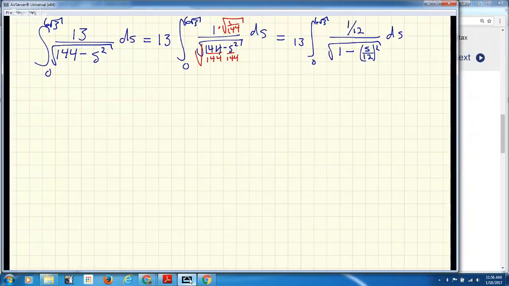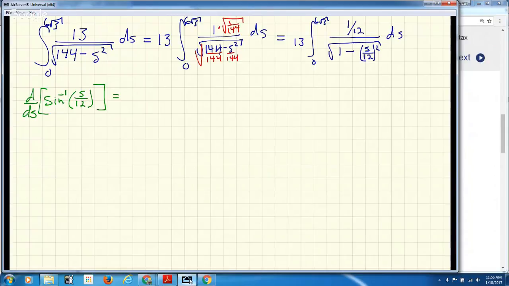All right, so now a little bit of thought on a derivative. I had the sine inverse, often called the arc sine, of, let's call it s over 12, and then I was asked to take the derivative with respect to s of that.